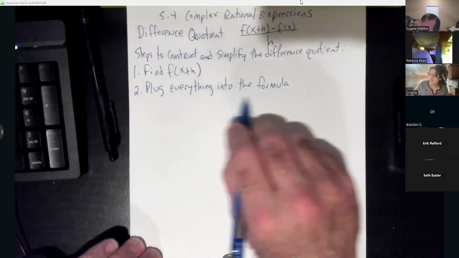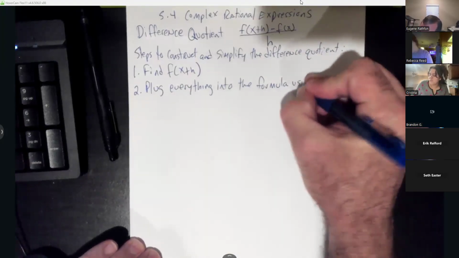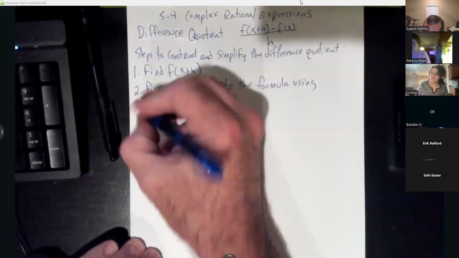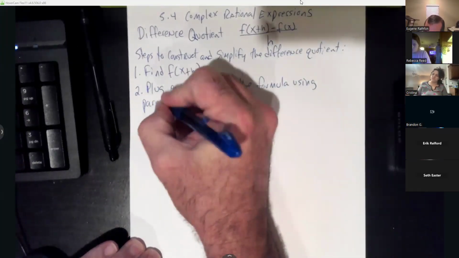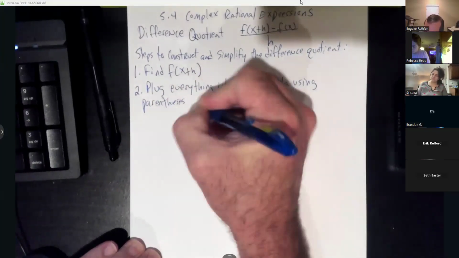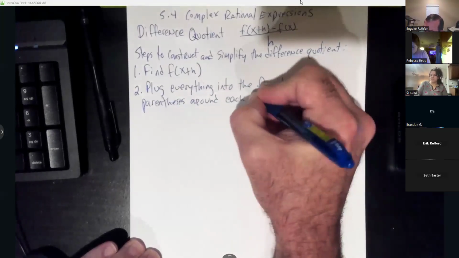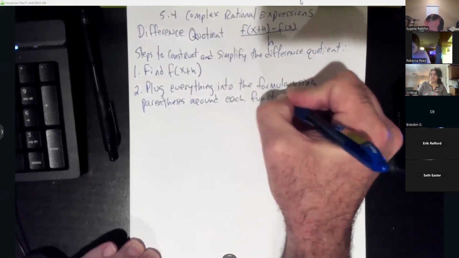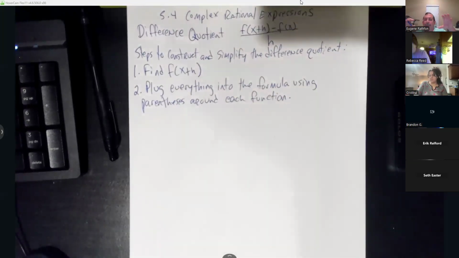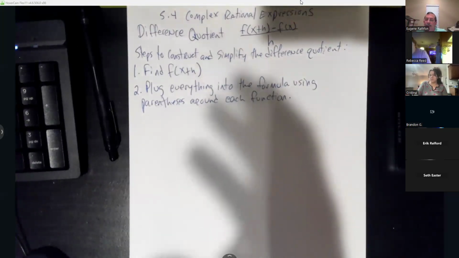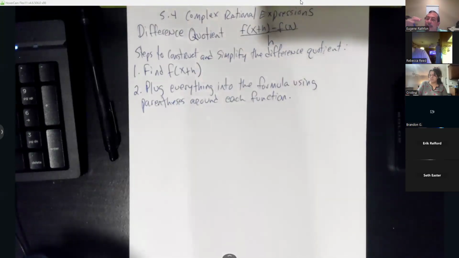Now, when I'm plugging it into the formula, I'm going to be using parentheses around each function. So I'm going to put my f of x in some parentheses. I'll put my f of x plus h in parentheses when I first start, okay?